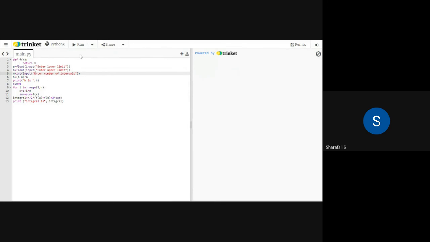I will show you the change with the Simpsons rule. So for that, I will just copy that particular program for Simpsons. Let me copy that one.